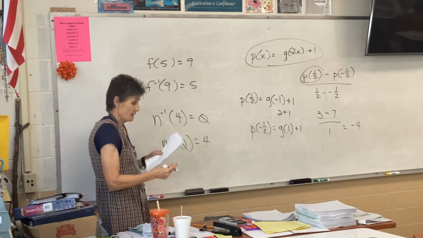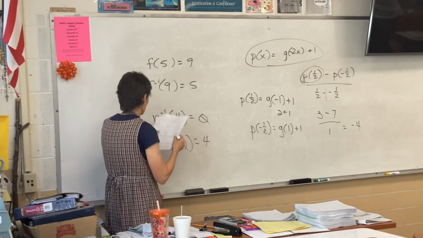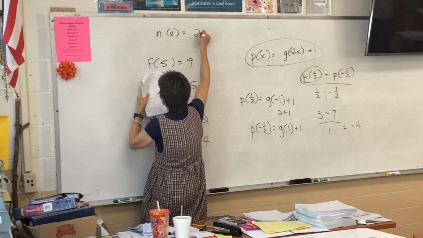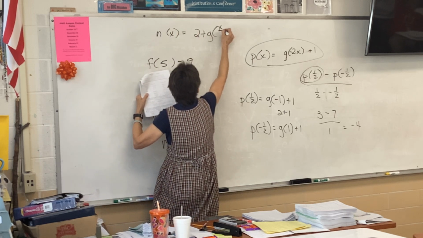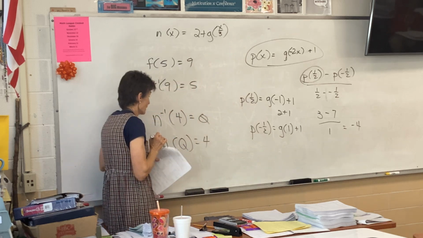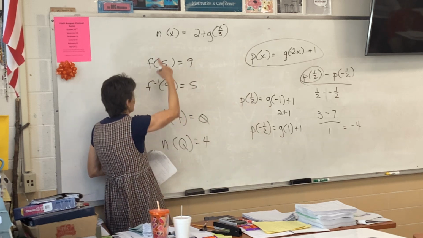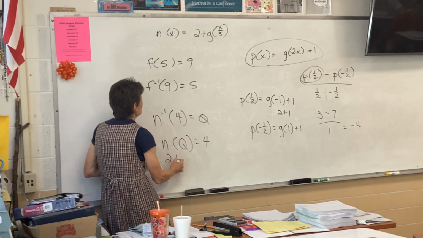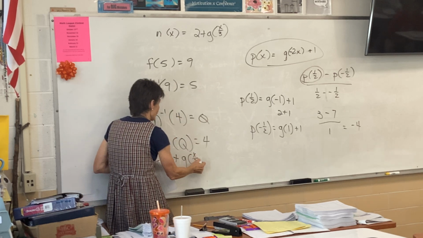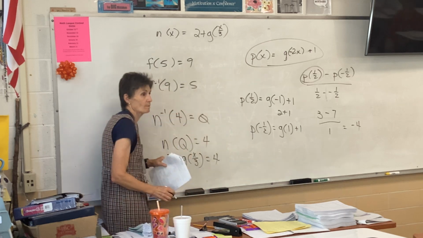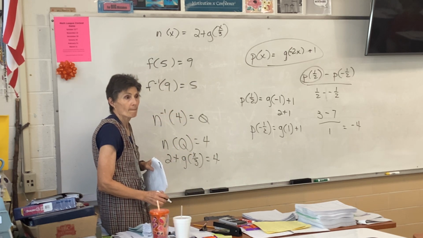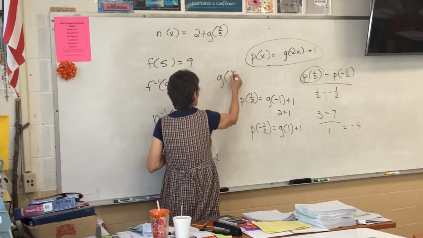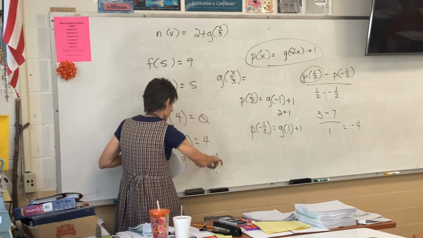Right? Now, what is my n function? My n function is 2 plus g of x over 3. So n of x is 2 plus g of x over 3, and that has to equal 4. Which means g of x over 3 has to be 2.